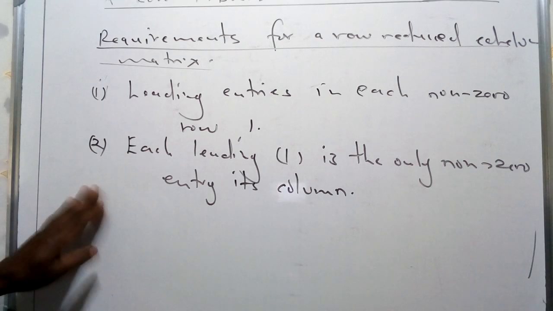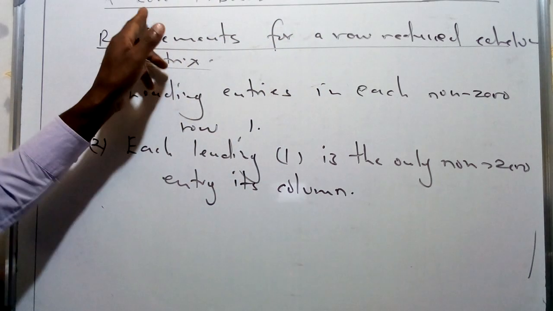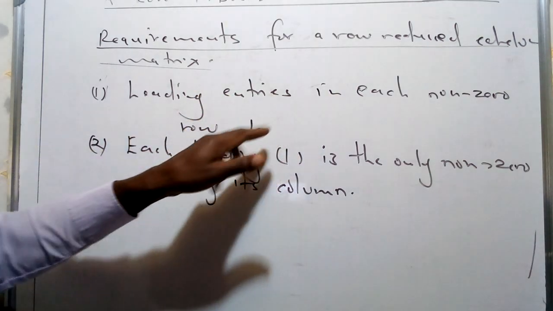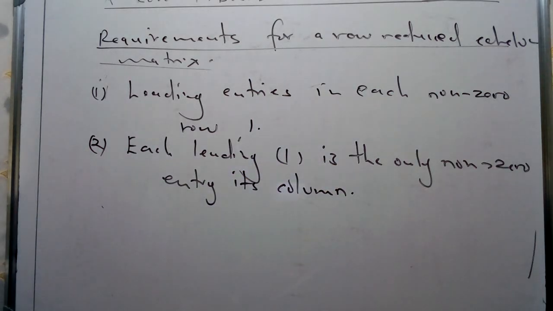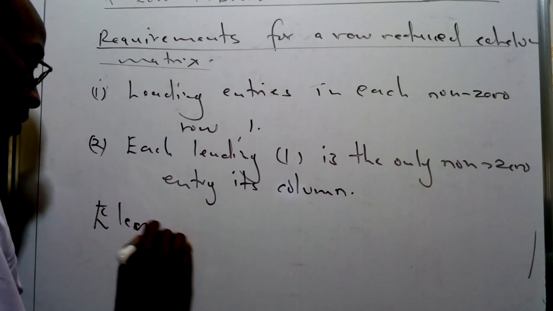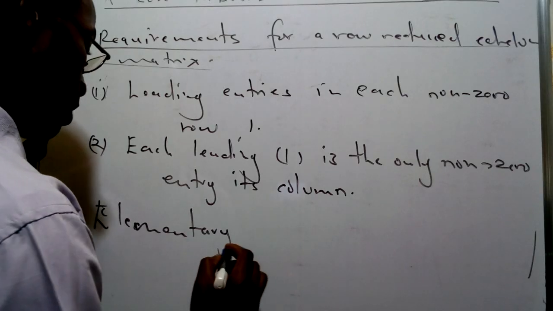In a sense, we are going to look at some of the procedures which we are going to use to make a matrix into row-reduced echelon form, which basically consists of leading entries given as 1, and each leading entry in each row is the only non-zero entry in its column. This procedure constitutes what we refer to as elementary row operations, which are going to assist us in reducing an echelon matrix to a row-reduced echelon form.